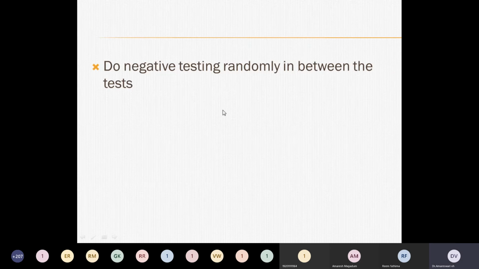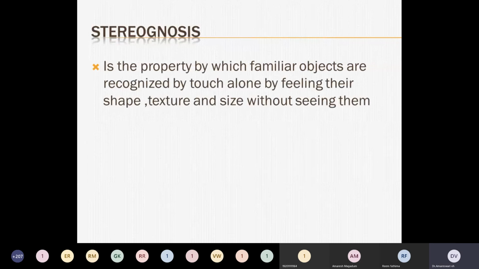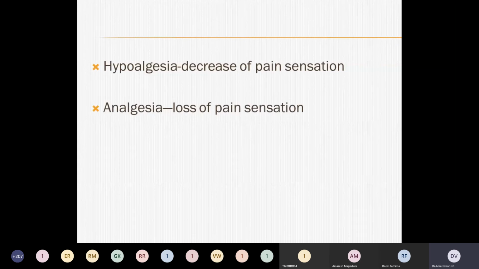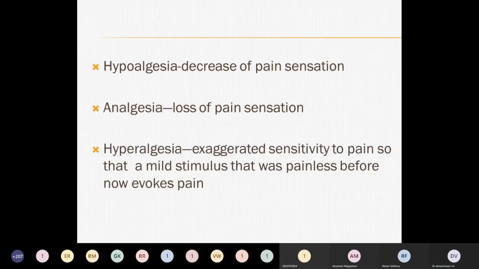Let me complete. So you have to know some definitions like stereognosis. It is the property by which familiar objects are recognized by touch alone, by feeling their shape, texture, and size without seeing them. Hypoalgesia is decrease of pain sensation. Analgesia is loss of pain sensation.